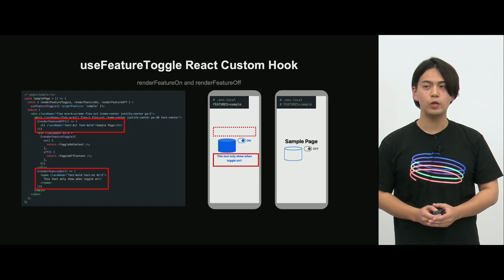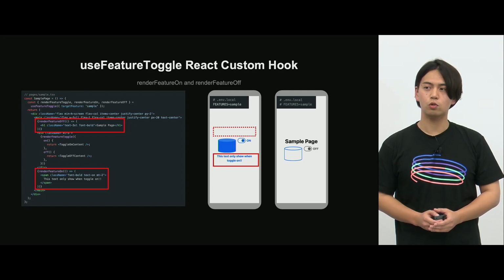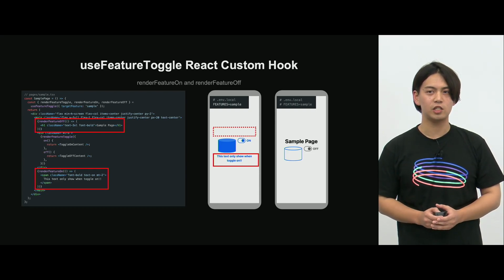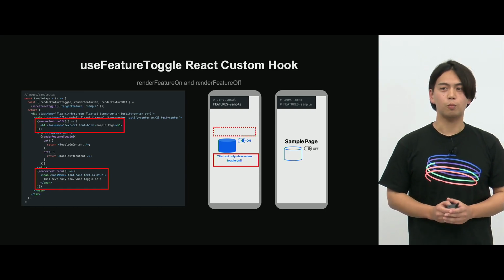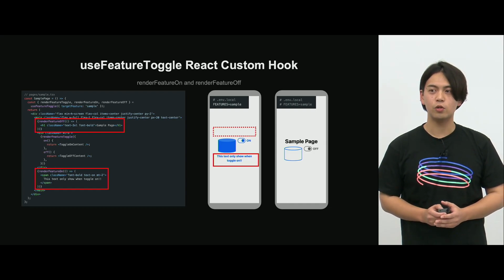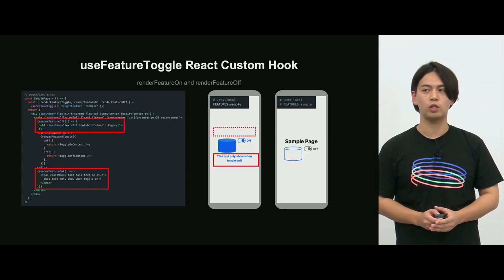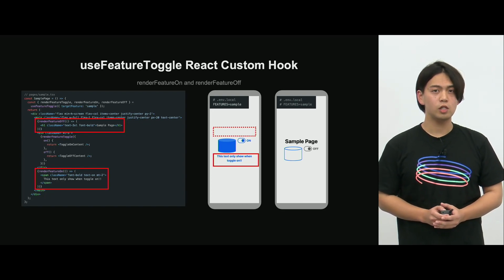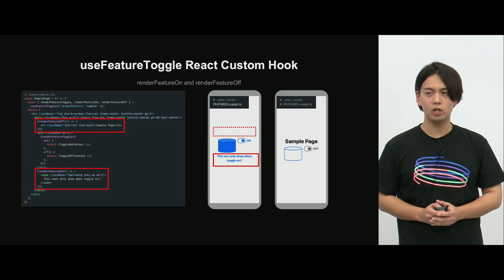First, the one at the top, the renderFeatureOff function, is used when there is an element to be hidden when the toggle is turned on. In the example, by passing the sample page's originally displayed H1 element as an argument, this element can be unused when the toggle is on.